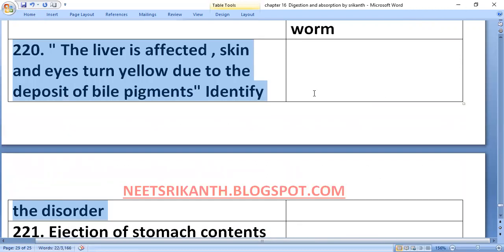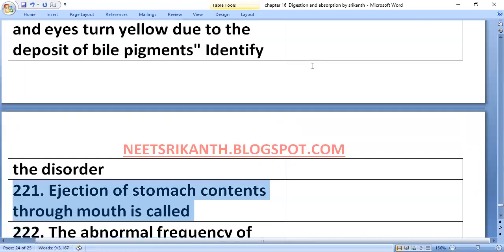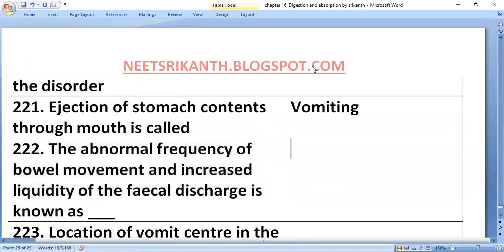When the liver is affected, the skin and eyes turn yellow due to the deposit of bile pigment: jaundice. Ejection of the stomach contents through the mouth is called vomiting. Abnormal frequency of bowel movement and increased liquidity of the fecal discharge is known as diarrhea.